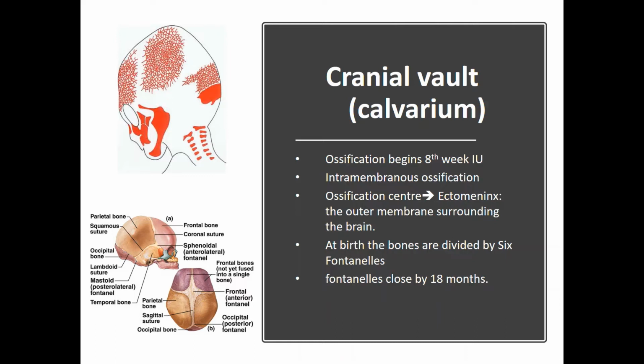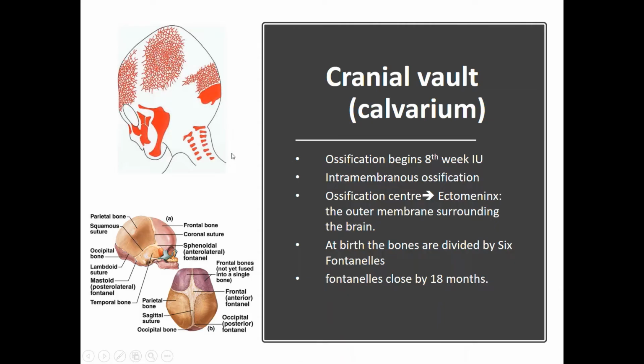The upper part of the ectomeninx will act differently than the lower part. The upper part will act as a soft tissue that will get condensation of cells, and it will get invaded by blood, and then we will start to have osteoblast, extracellular secretions will start, and then ossification will appear.